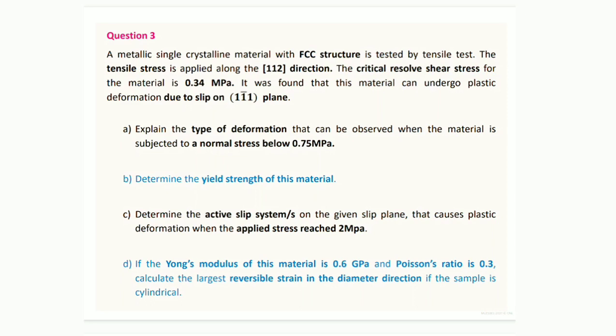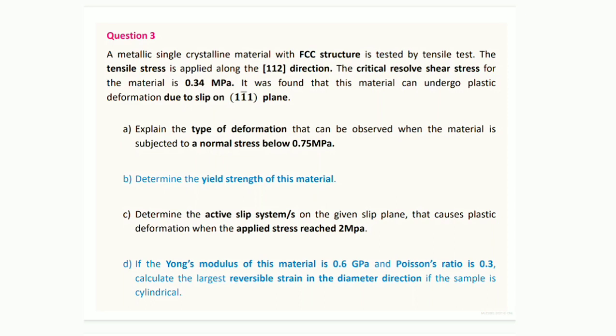So 0.34 megapascal is the critical resolved shear stress. We are given this information. It was found that this material can undergo plastic deformation due to slip on the 1 bar 1 plane. So the material has the potential to undergo plastic deformation due to slip on that particular plane, which has the Miller indices 1 bar 1.